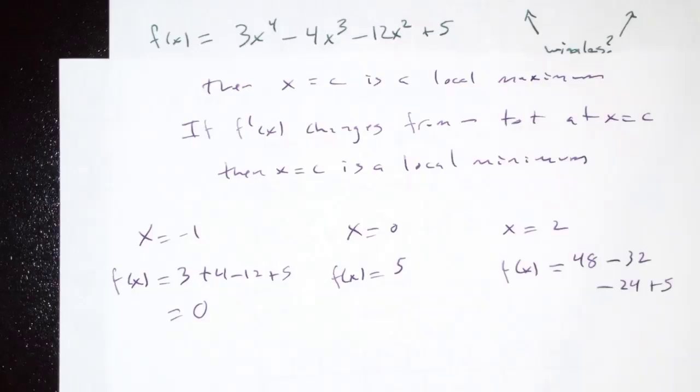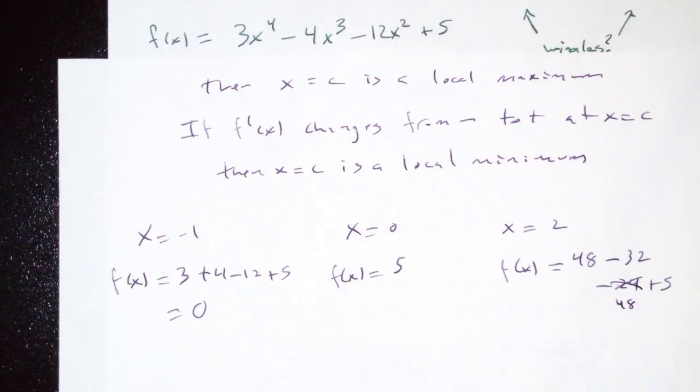What do I get? -12 times 4. Oh, yeah, well, that makes me wrong there. 48. I feel better. -27.